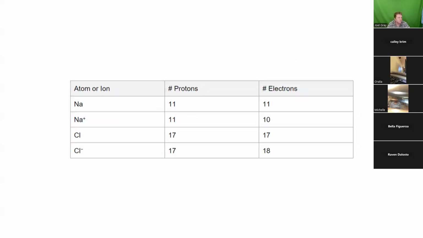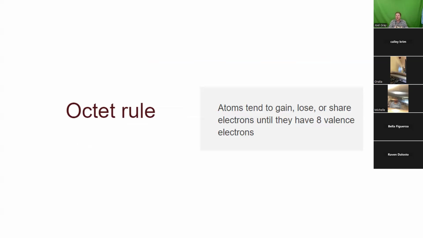Now, there are some pieces of terminology. The octet rule states that atoms tend to gain, lose, or share electrons until they have 8 valence electrons. So 8 is the desired number of valence electrons. When we talk about common ions, what's the common ion that oxygen likes to form? Some people are ready to type in their answer, so go for it.